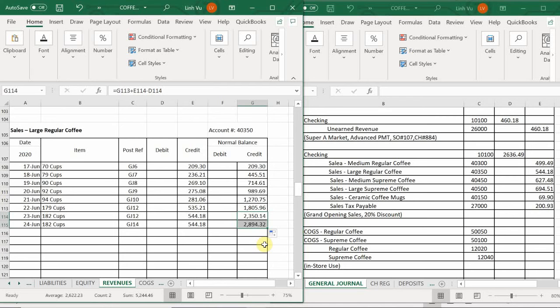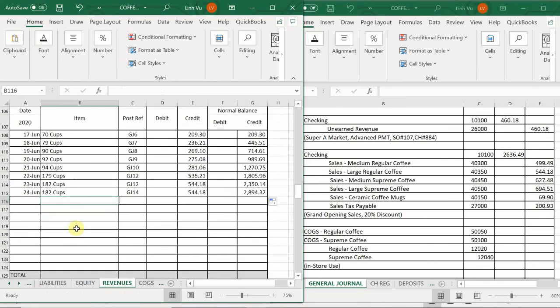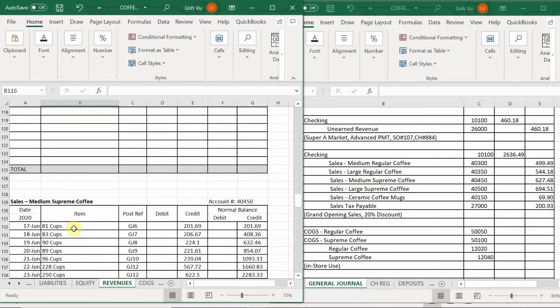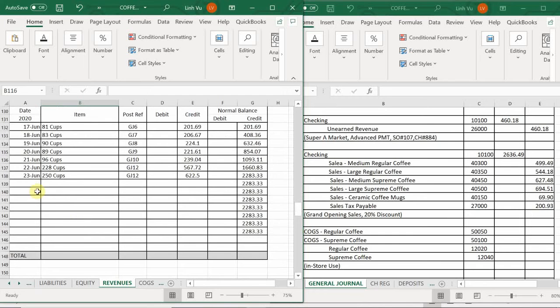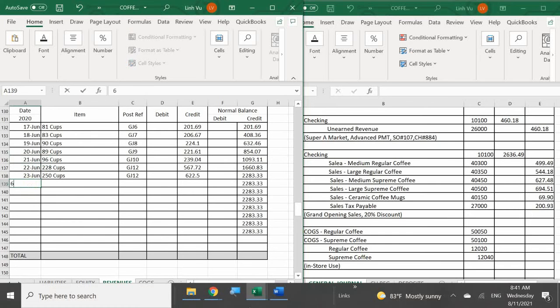And then medium supreme, that was 252 cups.